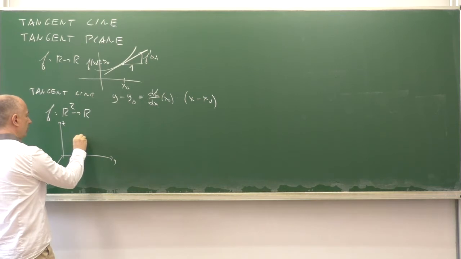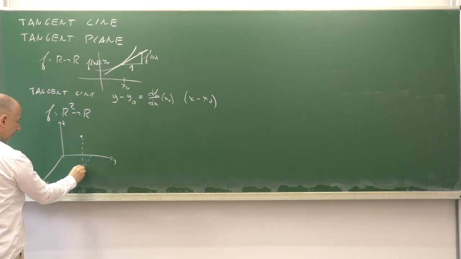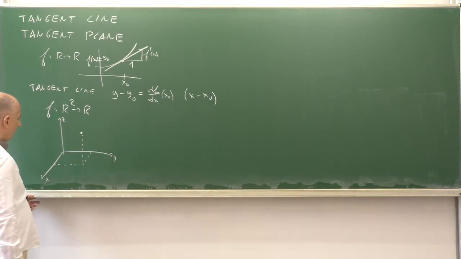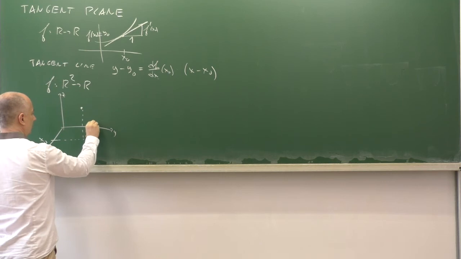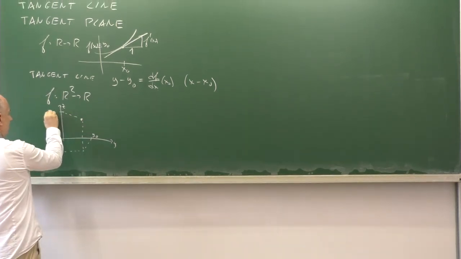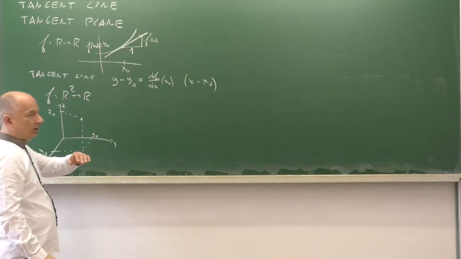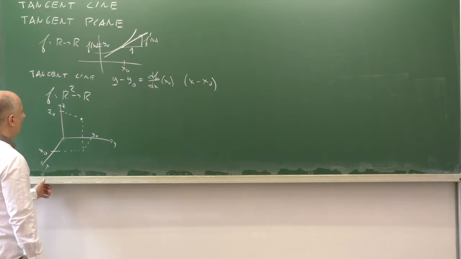So consider one point here, and consider the point x0, y0, and z0 on the surface, on the graph of the function f.